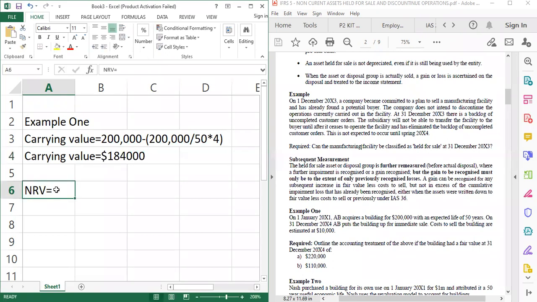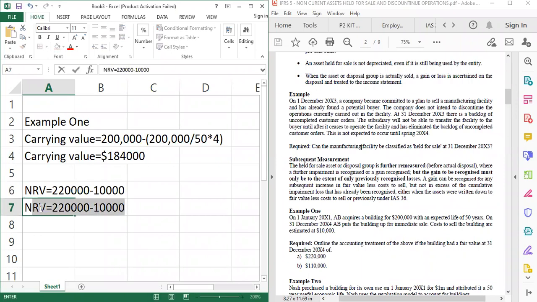So our fair value is 220,000, but we are going to incur a cost of 10,000 to sell the asset. So we net the cost against this. So we have the net realizable value to be 210,000.